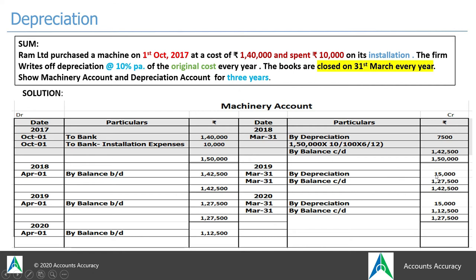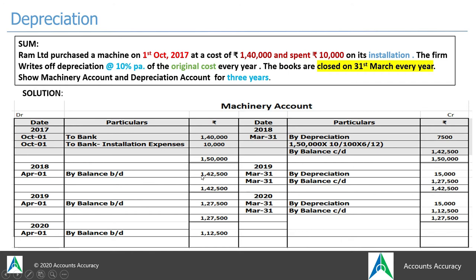And here again you notice that the value of the machine got depreciated and the depreciation has been calculated on the original value of the machine. That means 1,50,000. Now the balance which will be left after deduction of this depreciation will be 1,27,500.